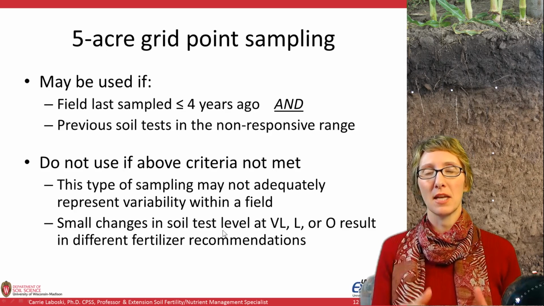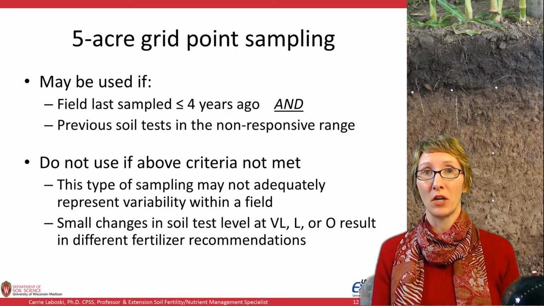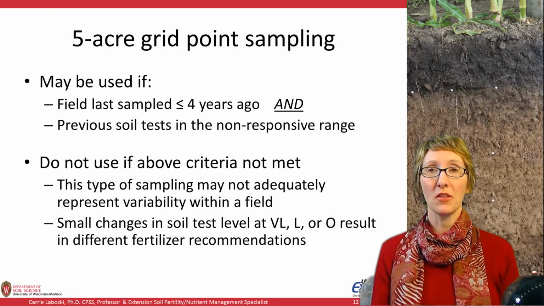The reason is this type of sampling does not adequately represent variability within the field, and if our goal is to put on variable rate applications, then we need to do that. The other thing is it doesn't accurately represent the field if you're going to do whole field management.